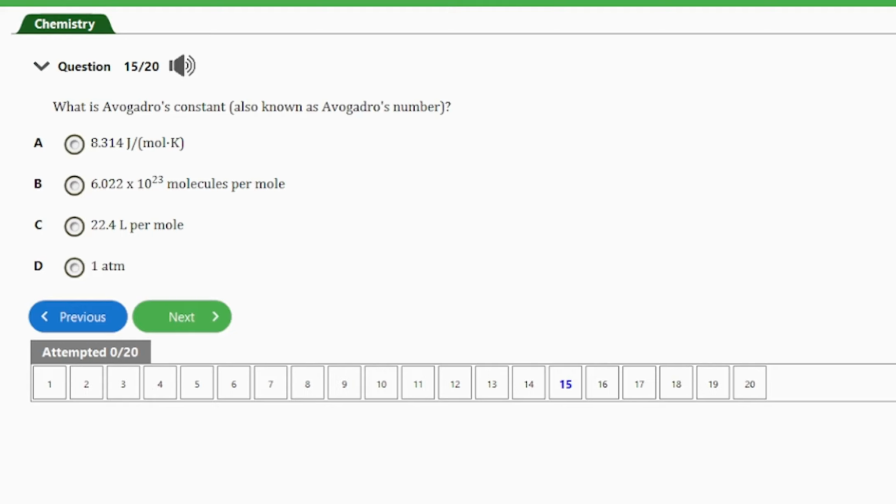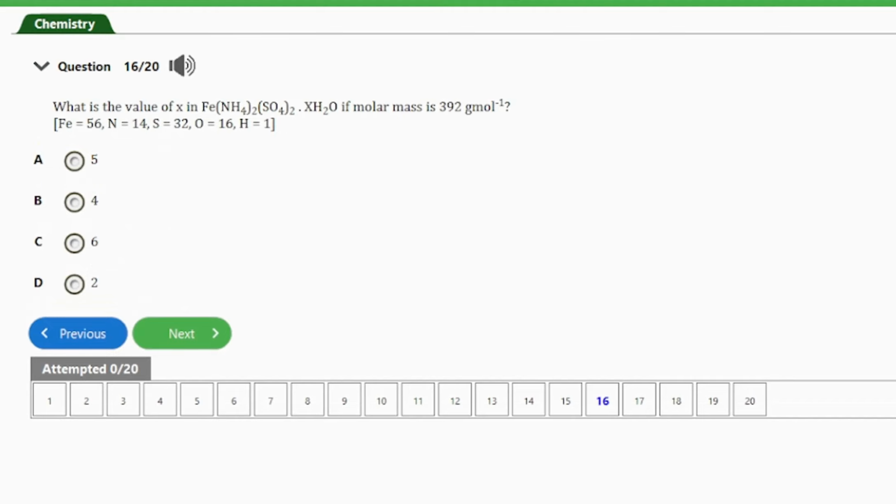So guys, that's the answer to this question. The option B here is the Avogadro's number. Guys, I encourage you to always remember this number because it's very important in your chemistry. So always remember Avogadro's number, 6.022 times 10 to the power of 23.